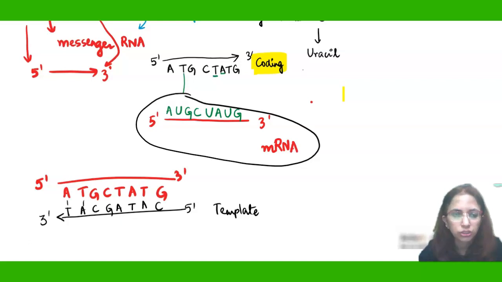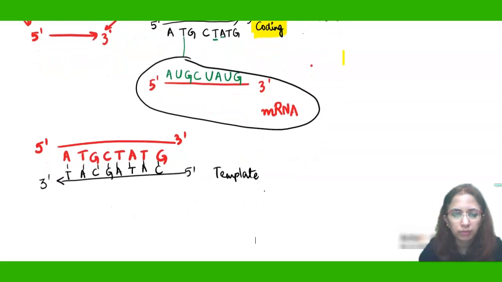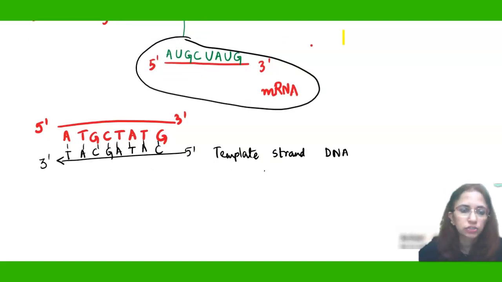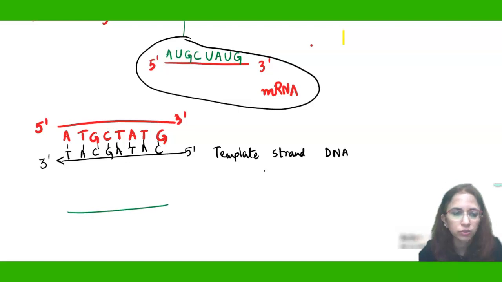I'm not drawing the hydrogen bonds properly because I have already explained that above. Now what we need to remember is, this is our template strand of DNA. Messenger RNA is just anti-parallel to it, so we will draw it in green color. This is our messenger RNA. Now the bases will be opposite to each other as per the base pairing rule, right?